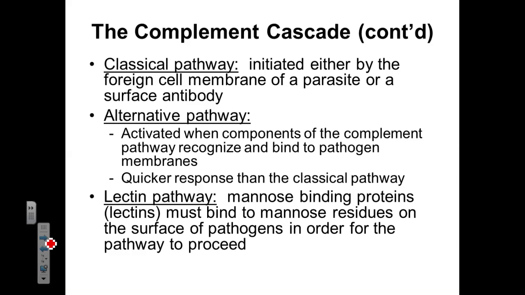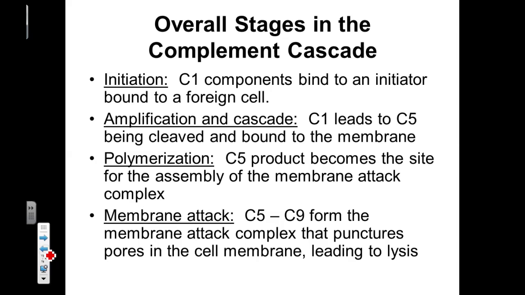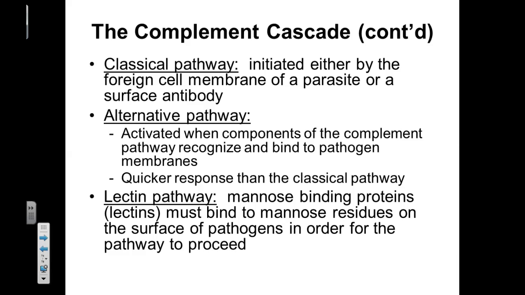We'll have mannose-binding proteins, aka lectins, that are going to bind to mannose, a specific kind of sugar residue that's on the surface of our pathogenic organisms and can initiate the complement cascade. Regardless of which complement cascade we initiate, they all end with the membrane attack complexes perforating the bacterial cell and destruction of our bacterial cell.